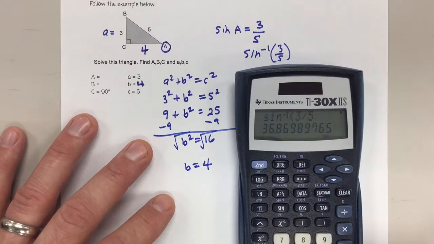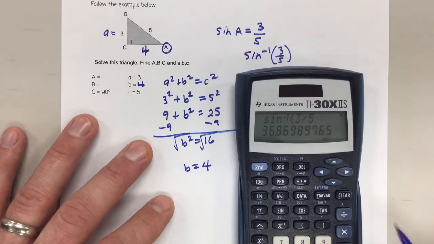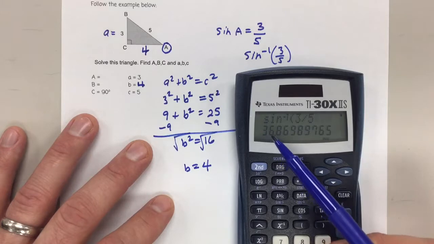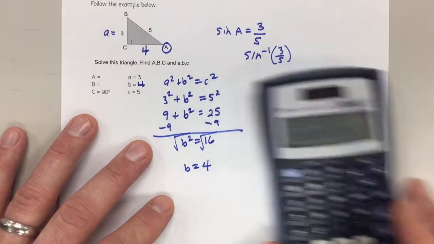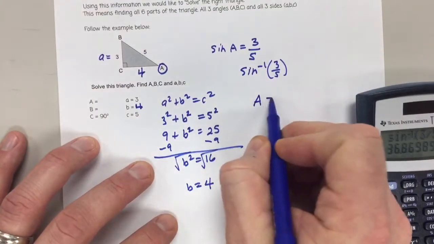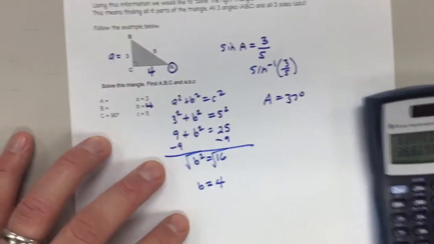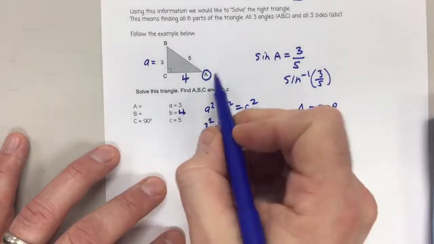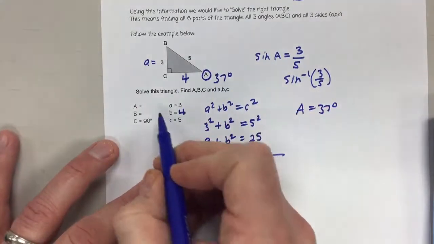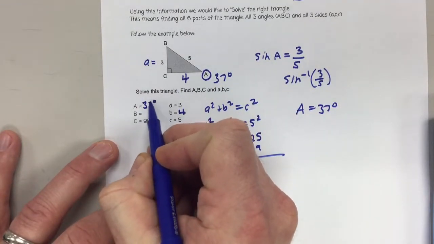So I get 36.86. And it's okay to round angles to the nearest degree, so make it a whole number. So it'd be 37 instead of 36.8. So A is 37. So now I have this angle, and I can write it in my chart, 37 degrees.